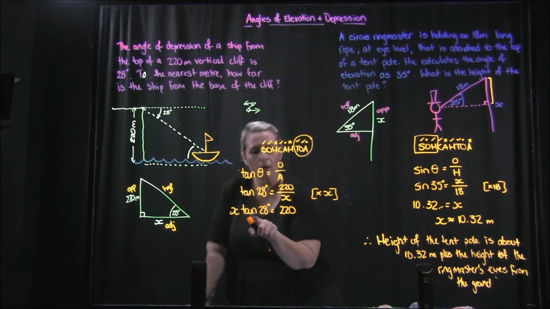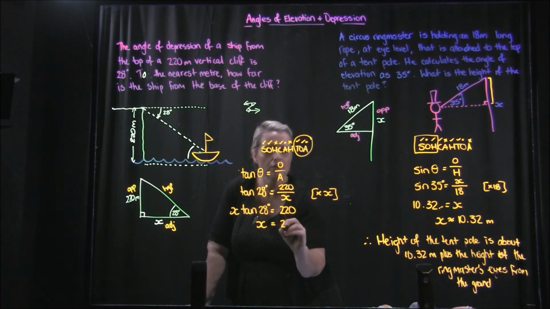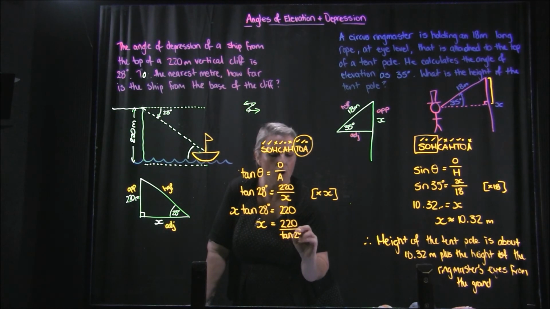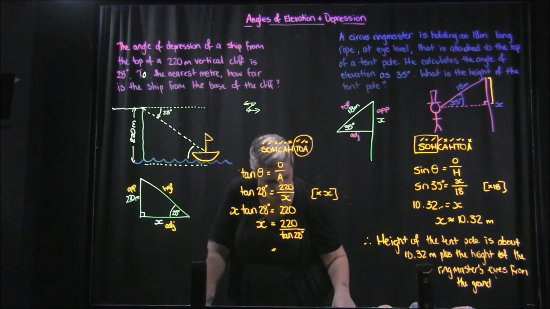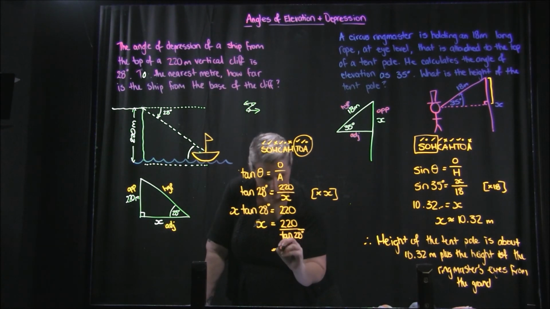Now that I have x multiplied by tan 28, I can divide by the tan of 28 degrees. When I do that, I end up with 413.76, and it continues on.